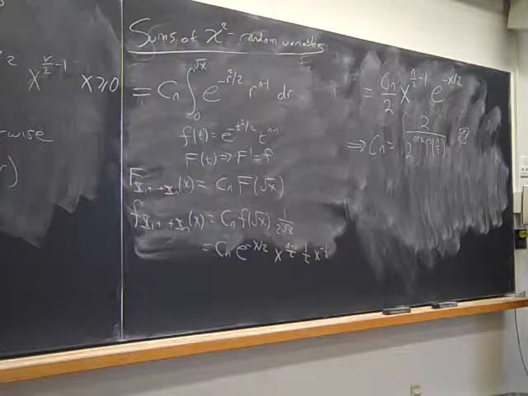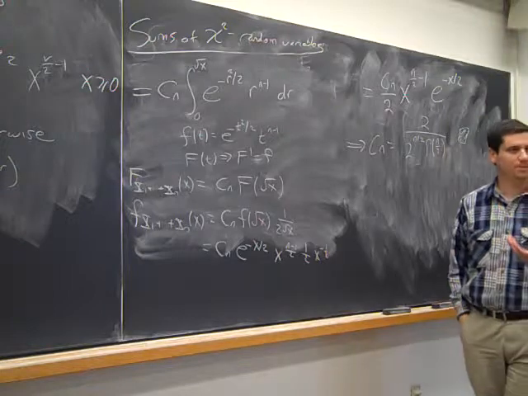Just instead of integrating the function e to the negative y1 squared plus blah, blah, blah, plus yn squared over 2, integrate what function? We should replace that function with what if we wanted the volume?